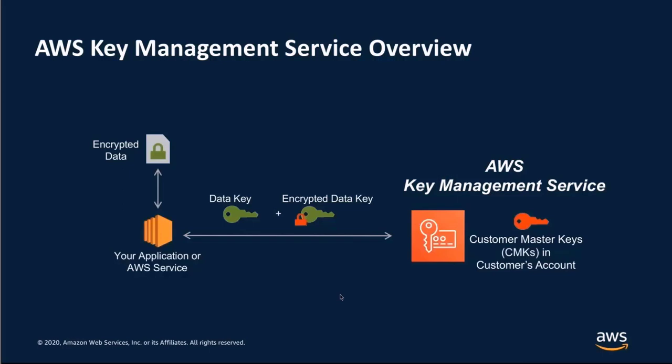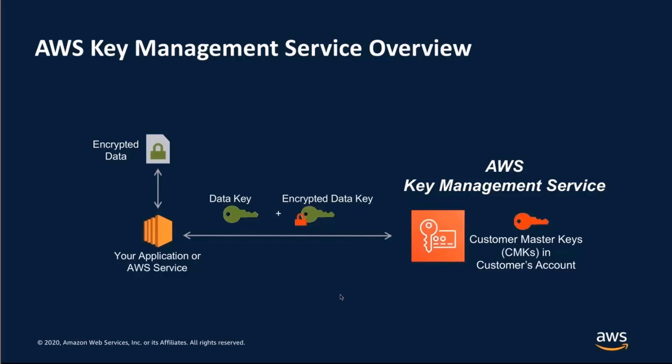Once you have the data key and the encrypted data key with you, your application or an integrated AWS service is going to take that plain text data key and encrypt a piece of data that you want to secure. And now the data that you have encrypted and the encrypted data key, you can store them together.